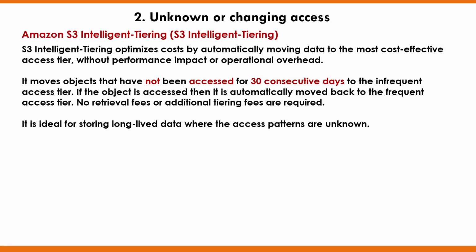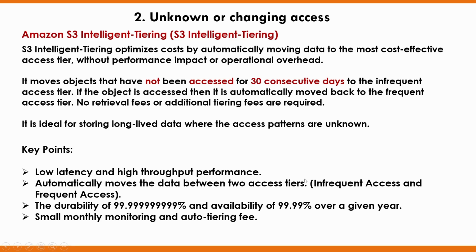It moves objects that have not been accessed for 30 consecutive days to the infrequent access tier. If the object is accessed, then it is automatically moved back to the frequent access tier. No retrieval fees or additional tiering fees are required. It is ideal for storing long-lived data where the access patterns are unknown.